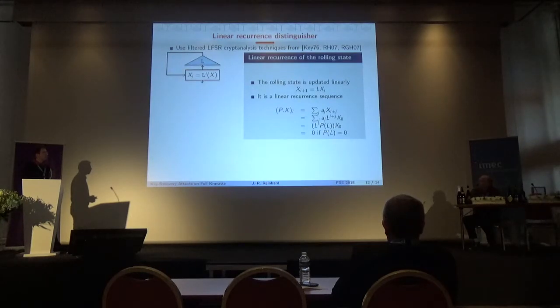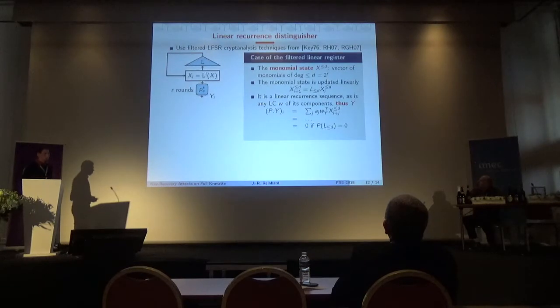And if p is an annihilator of the matrix L, then this is 0 for every value of i. A remark: this is also true for any linear combination that you can form of bits of xi. If you consider a fixed linear combination, you can just factor out the linear mask, and you get again that it equals 0.